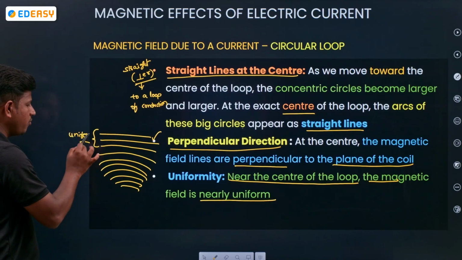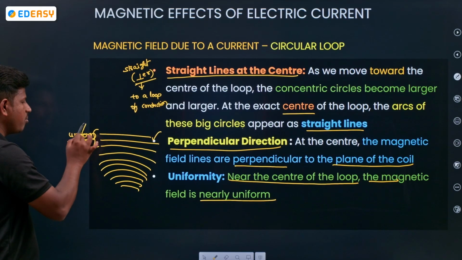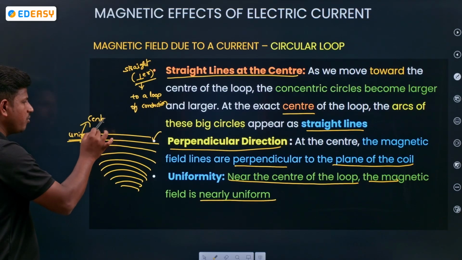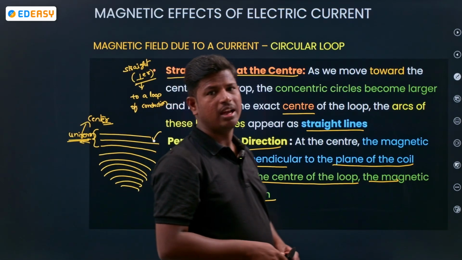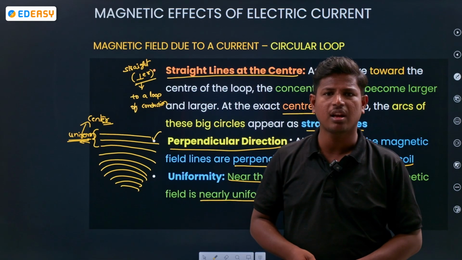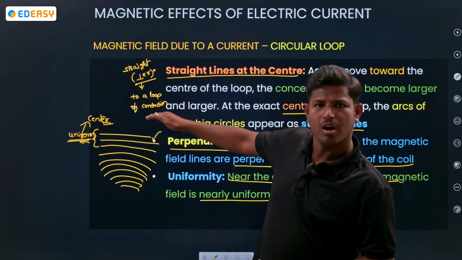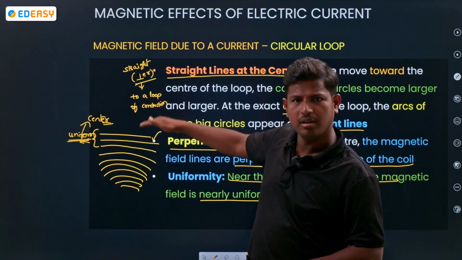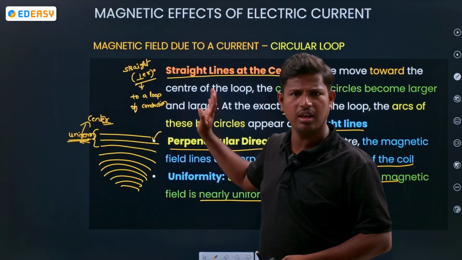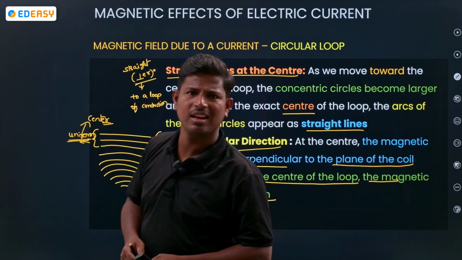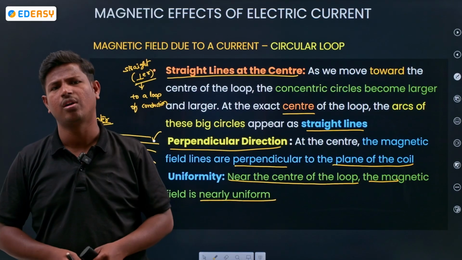Where will it be uniform? Remember, where are the magnetic field lines uniform? At the center. At the center, the magnetic field lines are uniform, whether from bottom to middle or top to middle. The magnetic field lines are straight at the center of the coil.